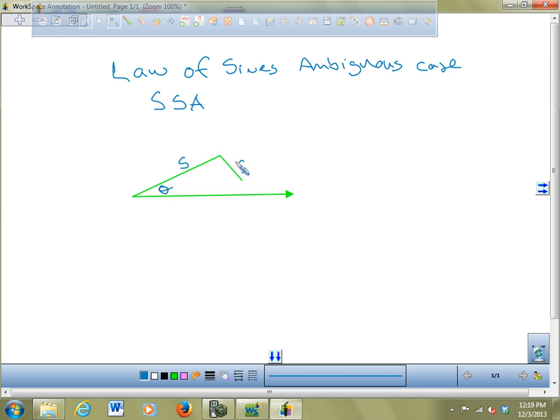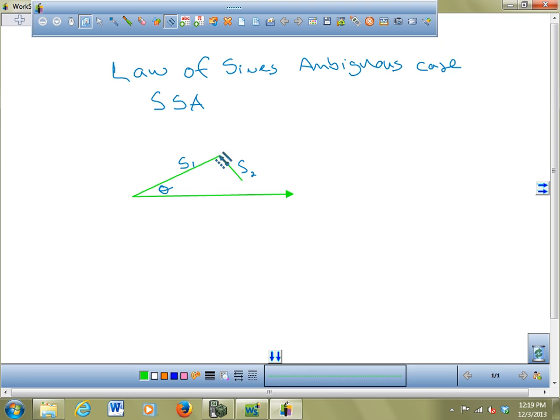The reason this is an ambiguous case, well, let's call this side 1 and side 2. Because it is possible that if this side is long enough, you see that, it will reach this side, and then you would have a triangle.